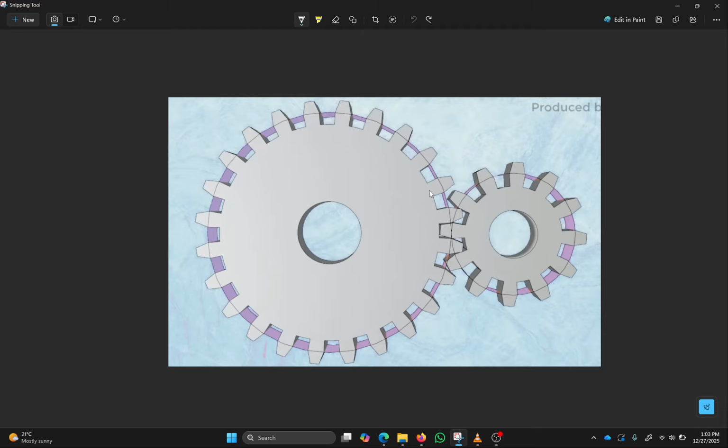Do you see that I can make a circle that goes through the middle of all the teeth, and similarly another circle that goes through the middle of all the teeth in the mating gear? Whenever gears mesh, they transmit motion and power. Those imaginary circles are always in contact, kind of like rolling circles.